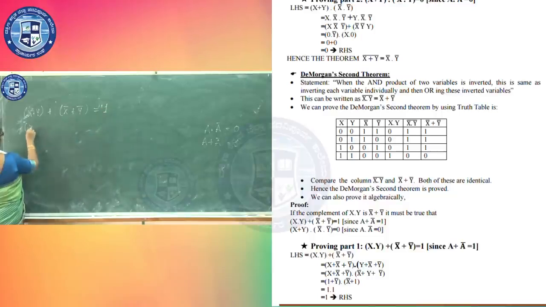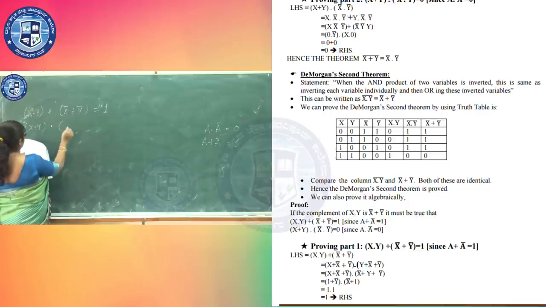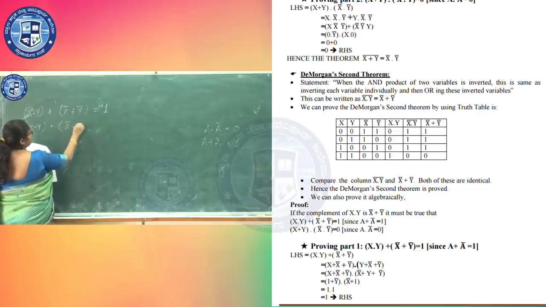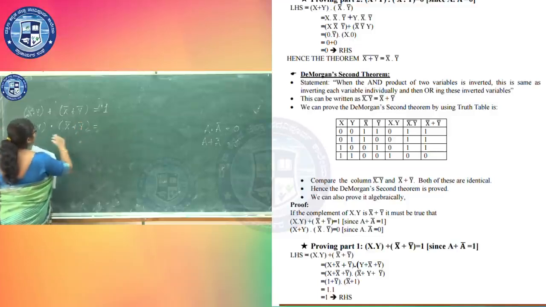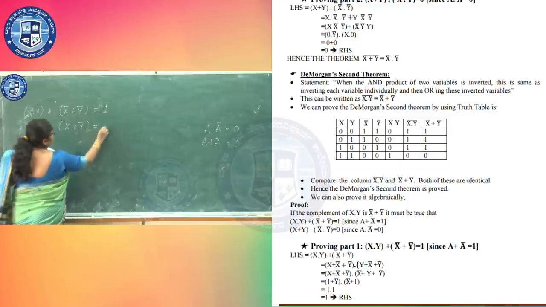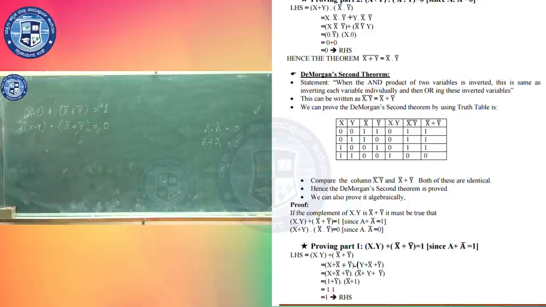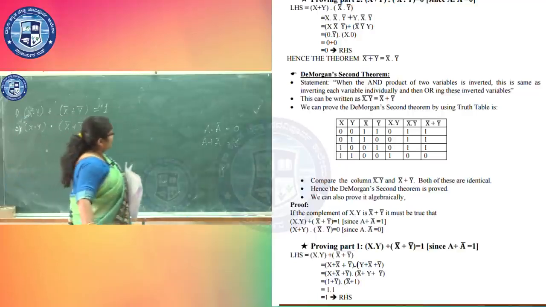And when x into y is ANDed with its complement, the value will be 0. So here we will have to prove these two. This is the proving of part 1 and this is the proving of part 2. Now we will see how we prove those.